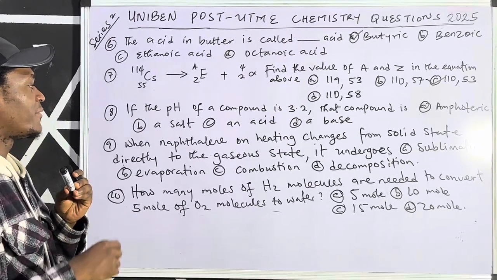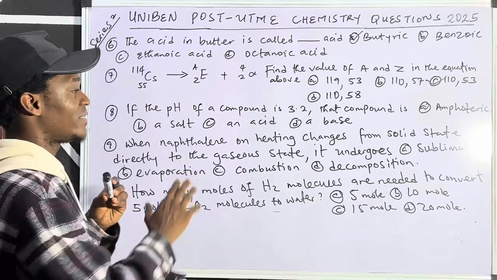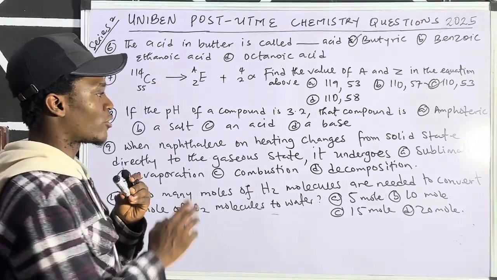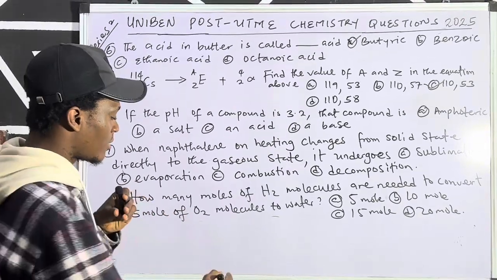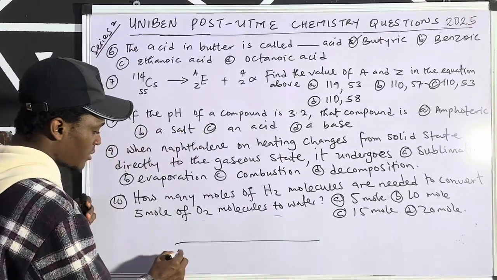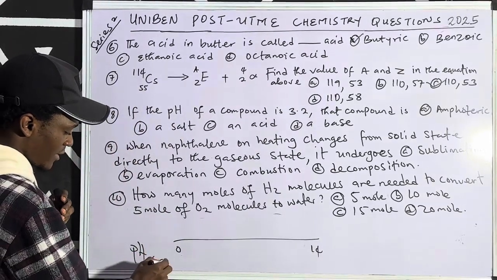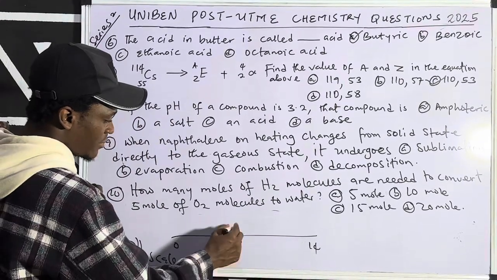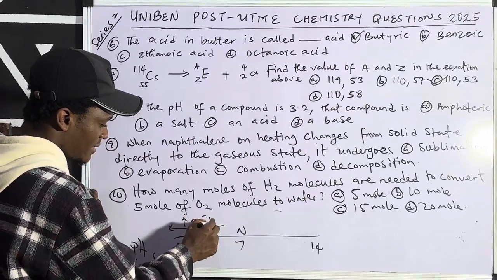Question 8. If the pH of a compound is 3.2, this question is, I can say, the easiest. The pH scale ranges from 0 to 14. Seven is neutral. Coming down, there is an increase in acidity.